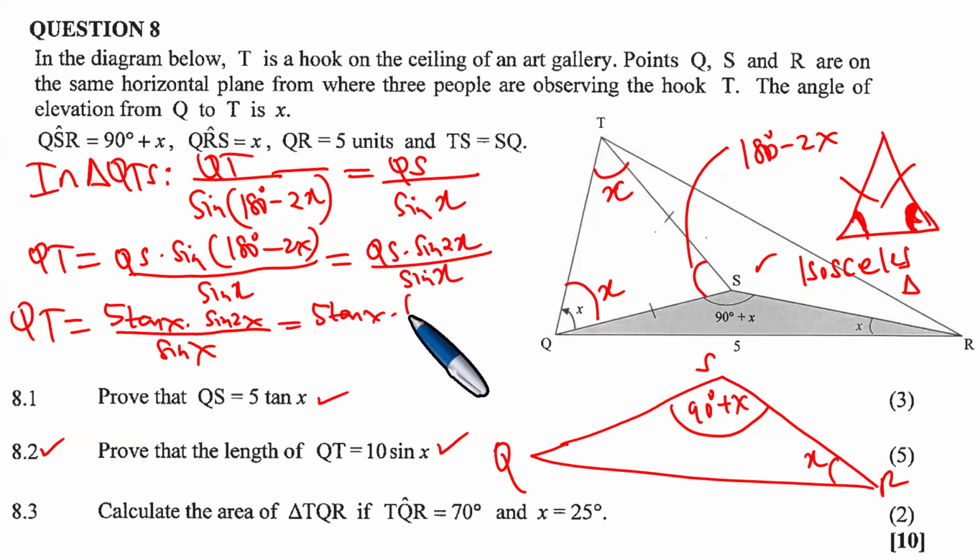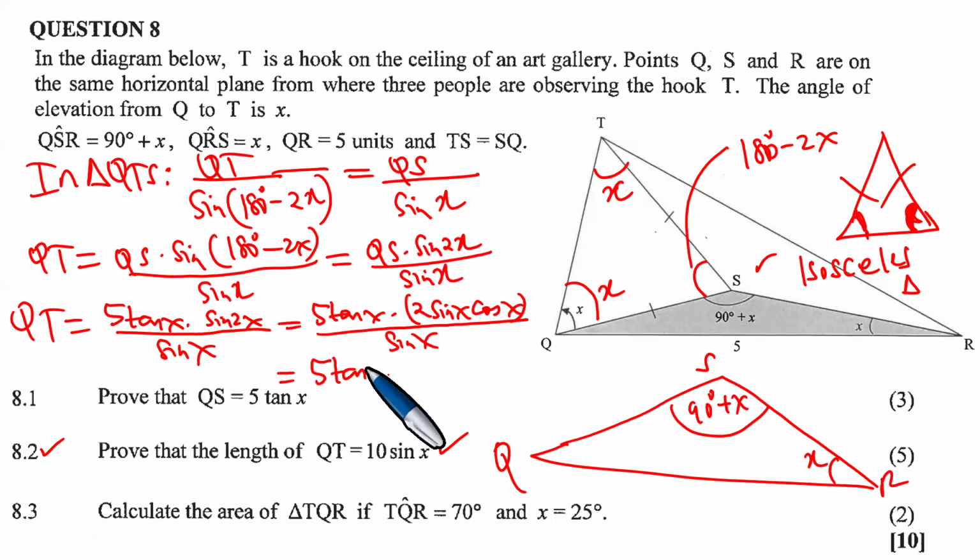What is the sine of 2x? 2 sine x cosine x, divided by sine x. The sine cancels, giving us 5 tan x times 2 cosine x.